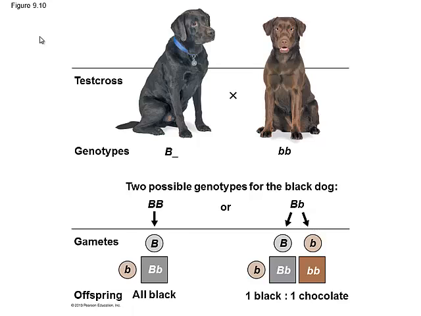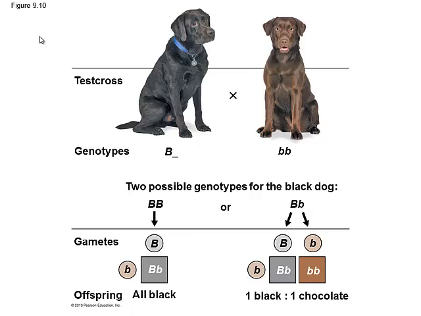So we could do a test cross with the two dogs. And if we had any of the dogs coming out chocolate and blind, we would know that that dog was what? Heterozygous for the trait.